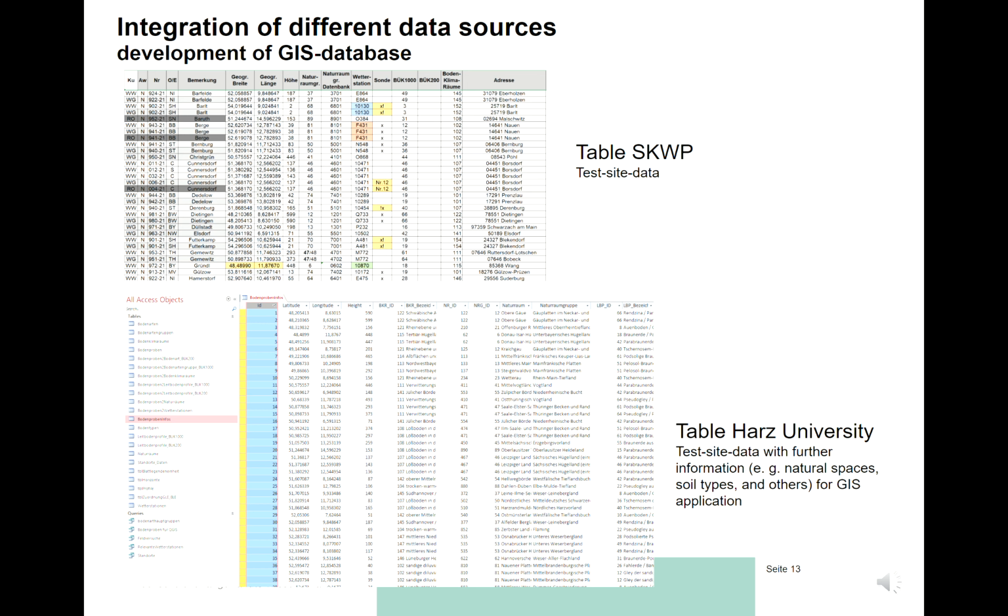You see here one example of a table provided by SKWP, test site related data. And underneath you see a table where we integrated all this data, test site data, soil specific data, and of course weather data can be added, and based on such an integrated database you can apply a geographic information system.